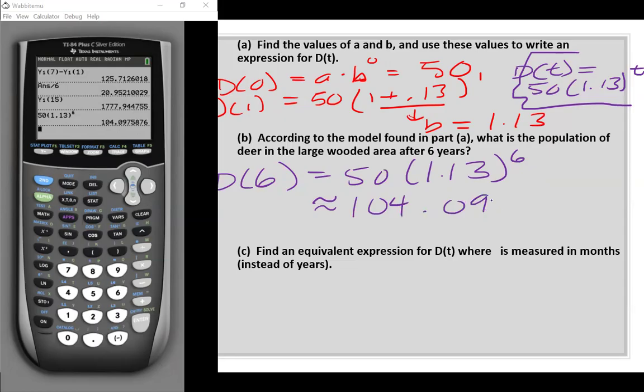that's what I was about to ask you. We're talking about animals. Can you have 104 and 98 thousandths of a deer? No, you cannot. So approximately it would be what? 104 deer.